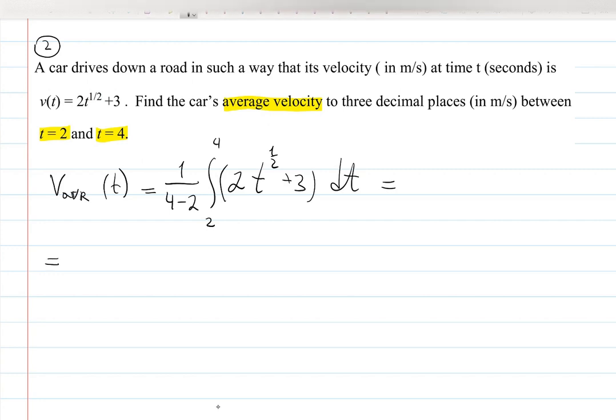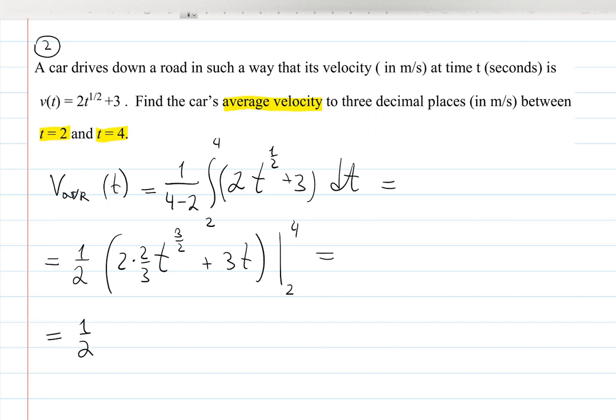That's the idea. 1/2 in front of the integral, and now I'm starting integrating. 2t raised to the, we already know this, 3/2 times 2/3, 2/3, we had this before, plus 3t, bar from 2 to 4.